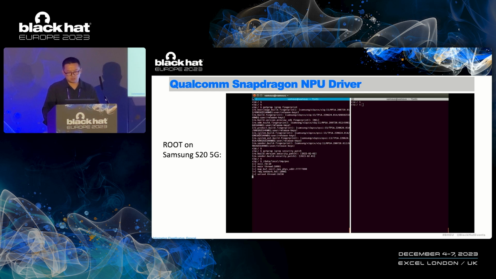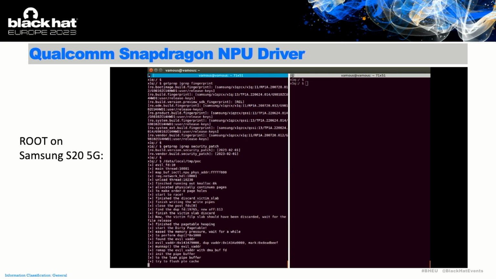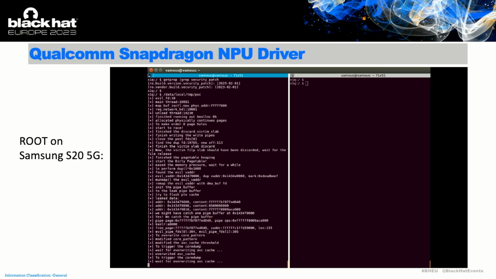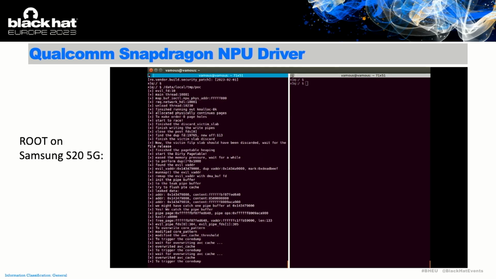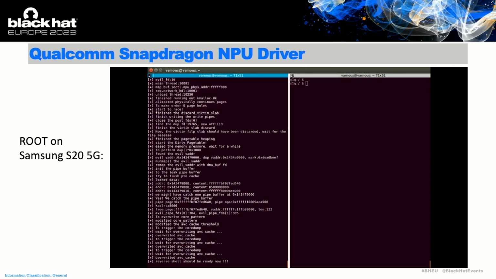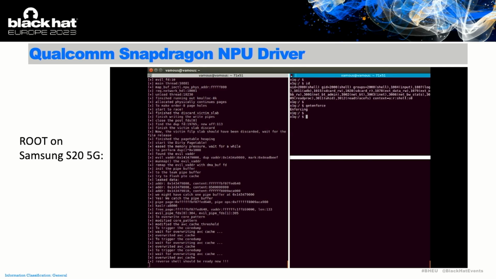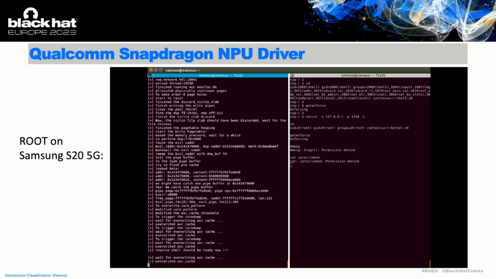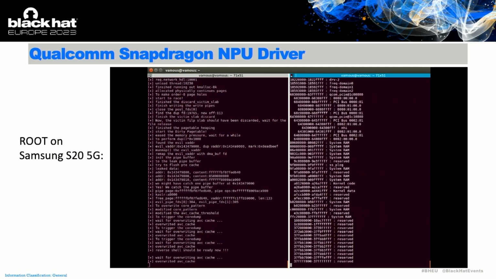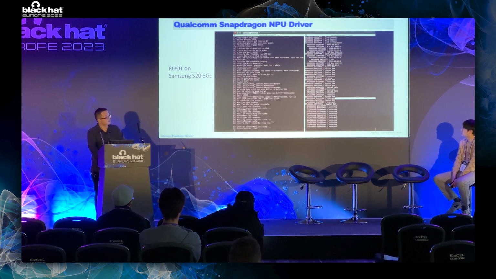Because of the SELinux, I'm using the AVC overwriting technique to bypass SELinux and using the user mode helper technique to spawn a reverse root shell. Okay, that's the demo.